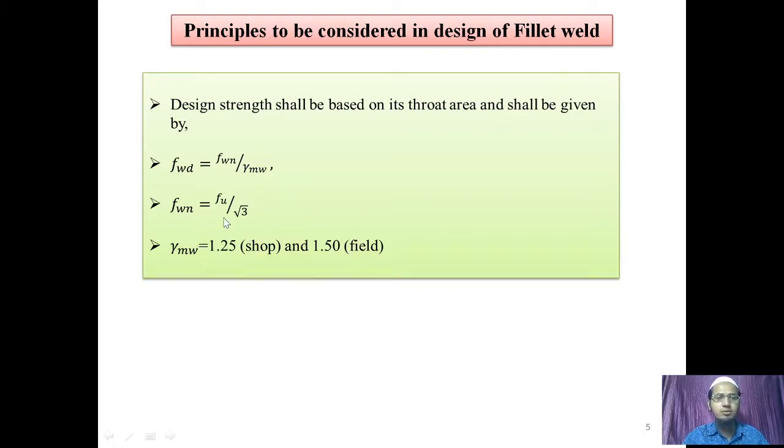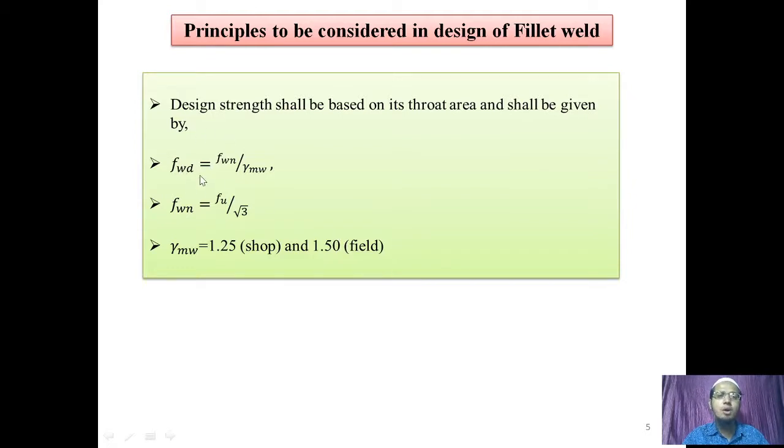Now what is 1.25 for, and what is 1.50 for? Yes, 1.25 is used for welds which are made in the shop or workshop, and 1.50 is taken for welds which are going to be made in the field or under site conditions.